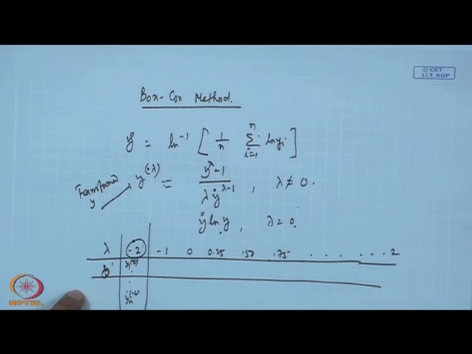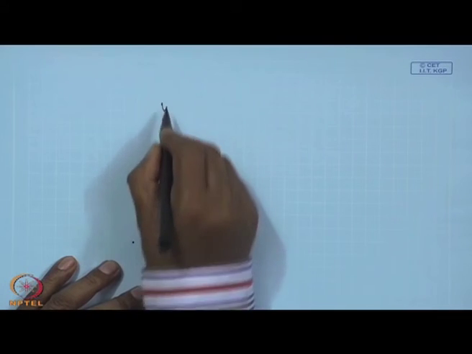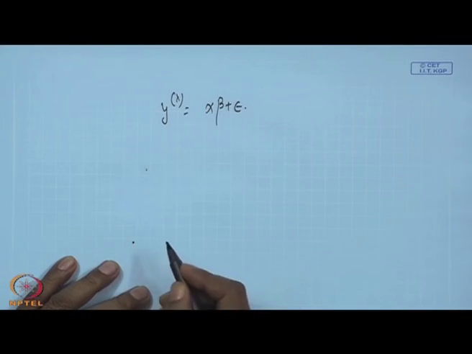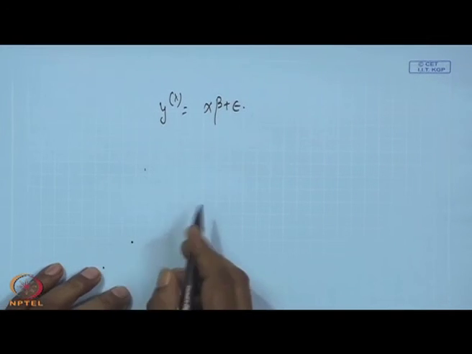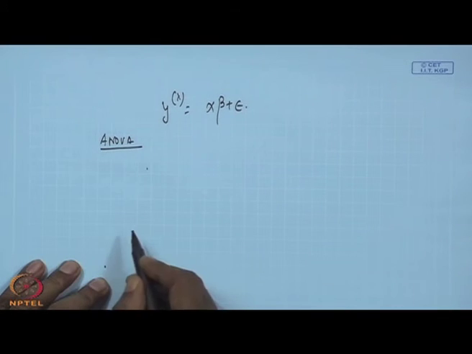Okay. So, then you fit your regression equation like this, y lambda equal to X beta plus epsilon, and you will get an ANOVA table for every case.